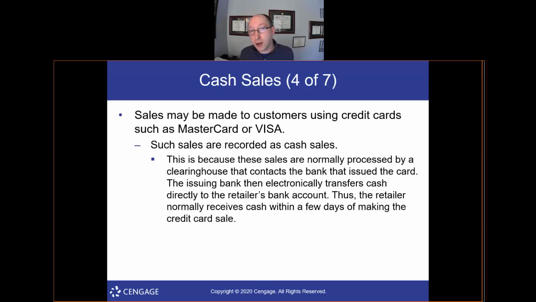So when the customer uses their credit card to pay you, you need to pay a transaction fee, usually like 2 or 3% of the sales price. The credit card processing company will send you a bill to pay that fee. That fee is just an expense. We record it as a simple expense on the income statement. It doesn't come out of your sales. It just gets recognized as a regular expense.